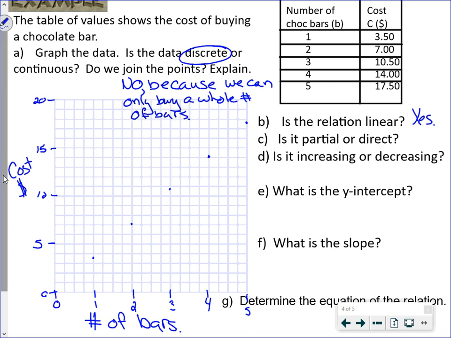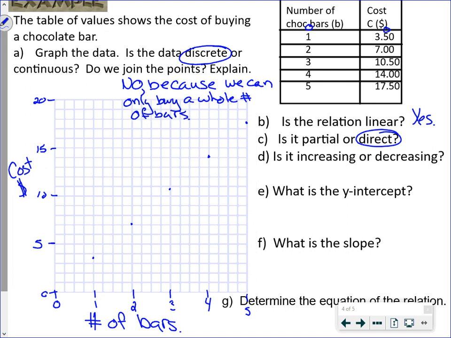So if we go backwards 1, we will get to a value of 0. From $3.50, because our cost is $3.50 each time, if we go back $3.50, we will also get to 0. So if we buy 0 chocolate bars, we will pay $0. So therefore, our relation is direct.